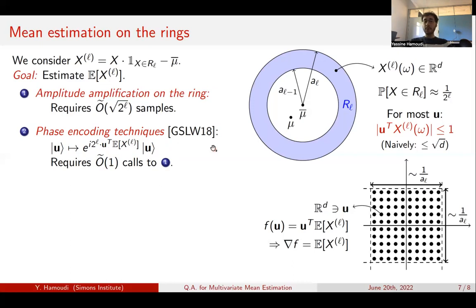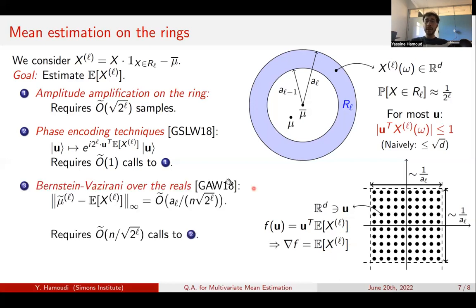So now observe that what we have is a phase encoding of a linear function, which is the inner product function. And the gradient of this linear function is the expectation that we try to estimate. So now we can use this property to apply the Bernstein-Vazirani algorithm, or more precisely a generalization of it defined over the real numbers.